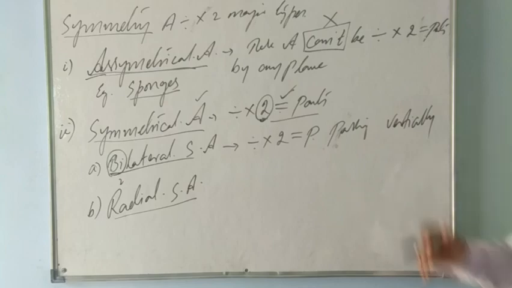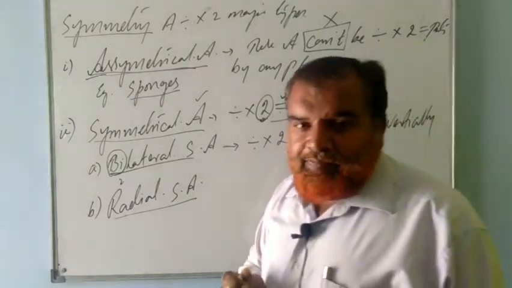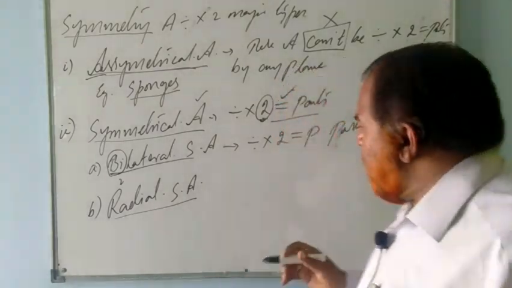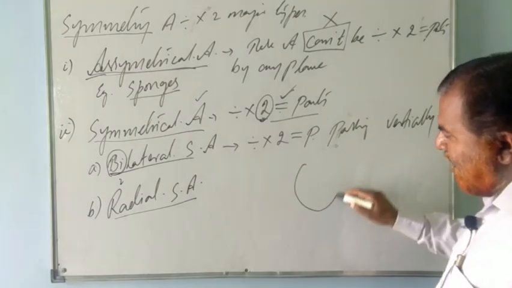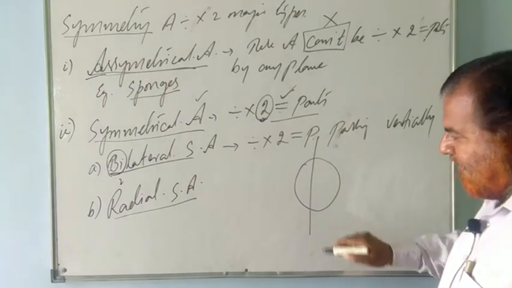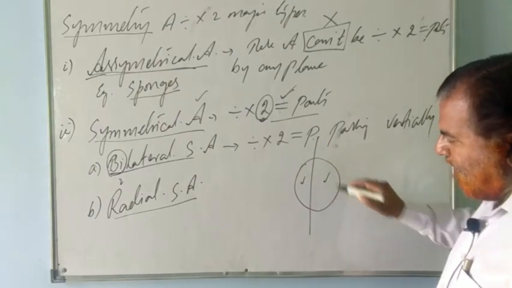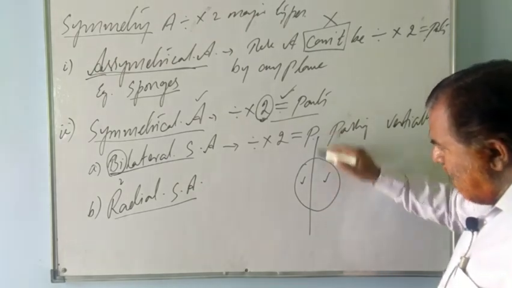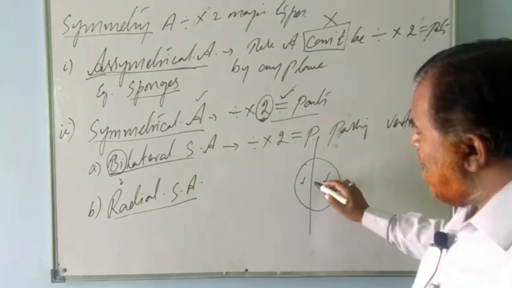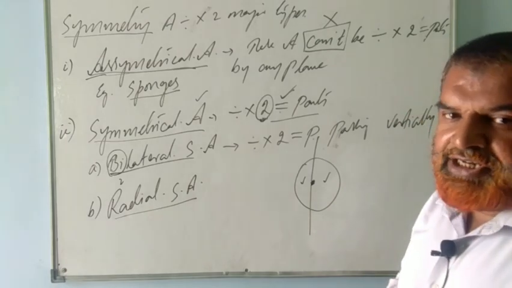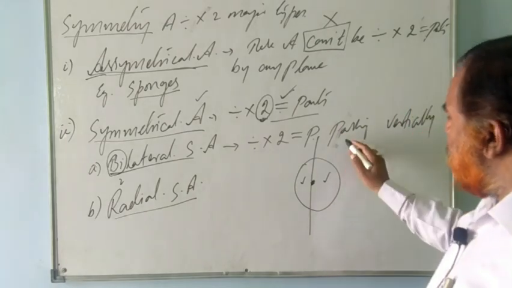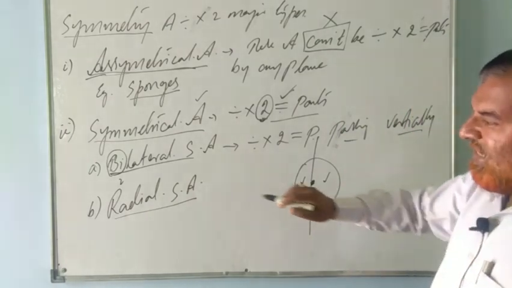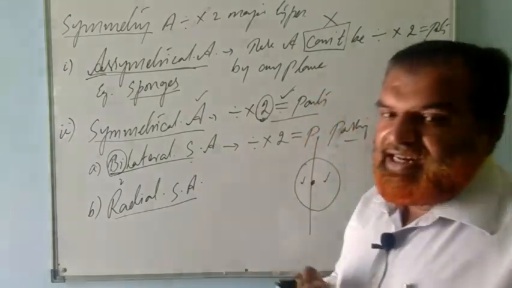Linearly, right? Clear? Vertically, the line is passing. For example, if this is the animal, you are cutting this animal like this. This part is also equal, this part is also equal. They look alike by a plane passing through the center of the axis. This line is passing vertically. Such animals are known as bilateral animals.